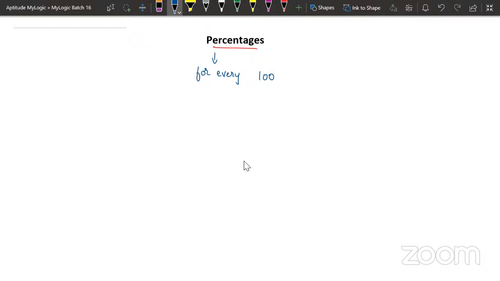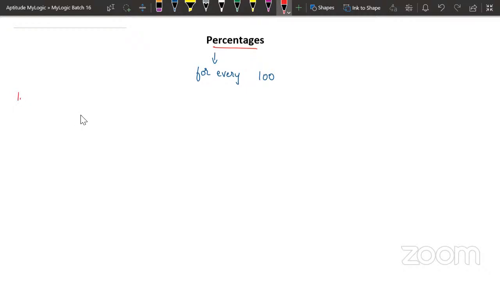All these types of questions are based on percentages. We have the data interpretation topic, in which percentages are most important in order to solve questions, which we will be learning in the upcoming classes. Now, you know what is the meaning of percentage. Now, let me tell you how to calculate this with the help of percentage factor.